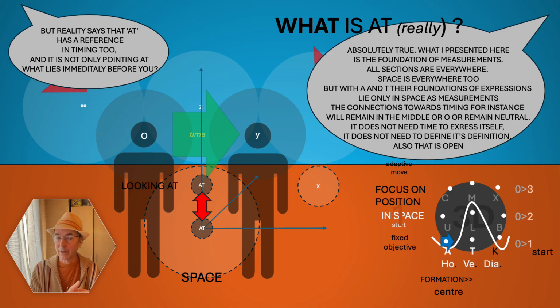Because it's about the measurements that you need. Of course, space itself is not just the space before you, but the space is everywhere. With A and T as the foundations of expressions, as definition, they only lie in space itself as measurements.